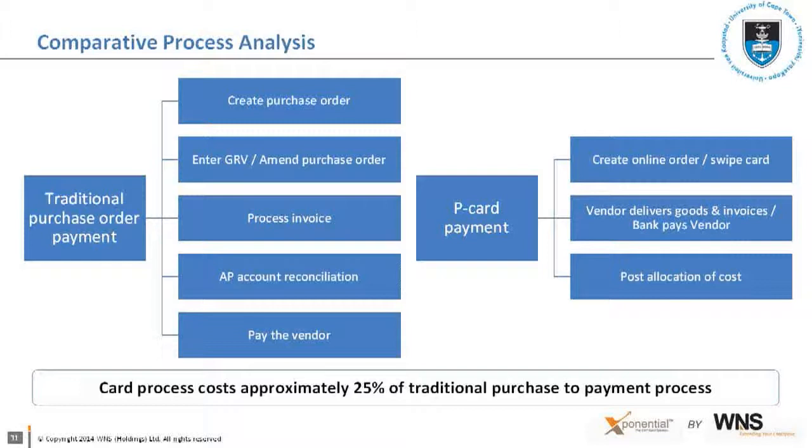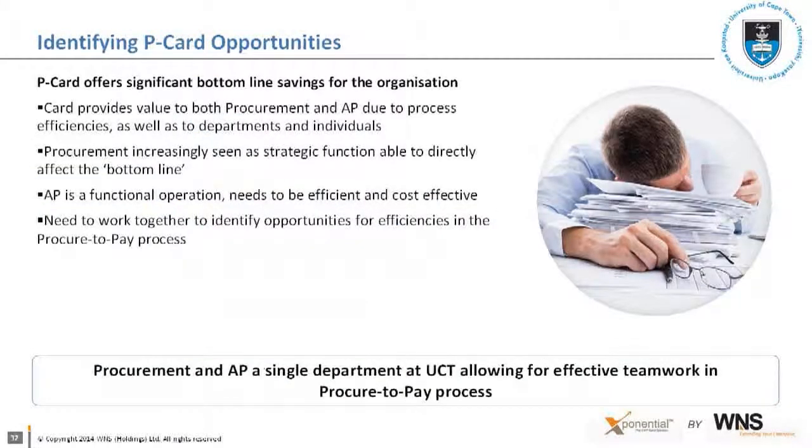So this really works for us, and what is important, we haven't implemented the purchase order functionality in Xponential because our bank and the banks in South Africa don't work on the rebate system, so there's no drive to simply increase our spend on the card. For us, it's all about bottom line savings in our process.